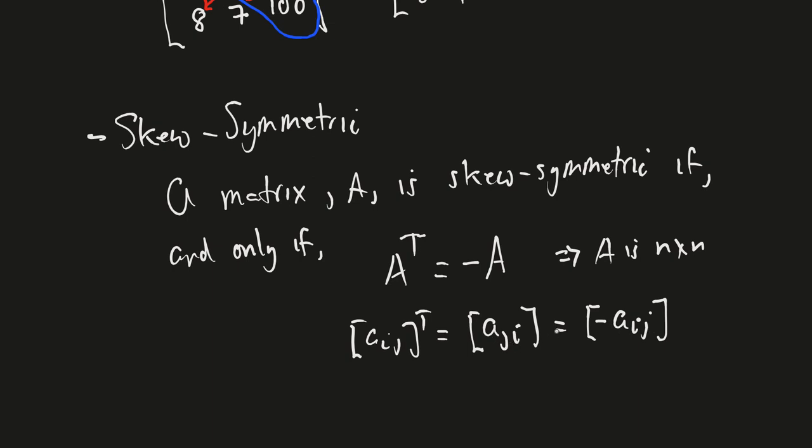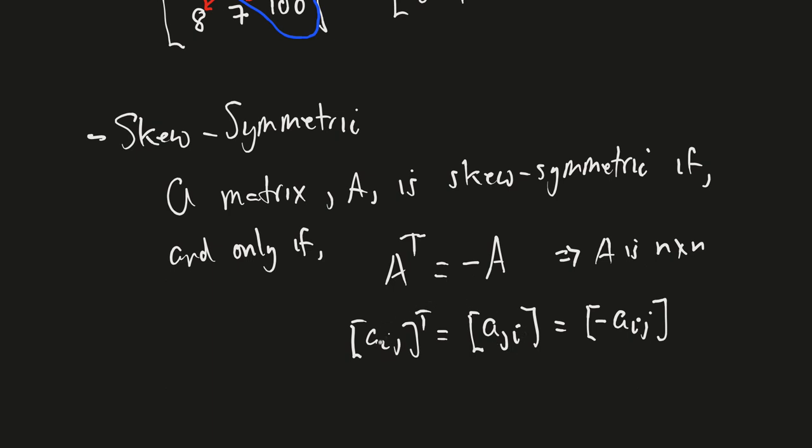So now you see what has to happen. It's not going to be the same entries in those mirrored positions. It's going to be the opposite entry. So if I put a 5 in one of those mirrored positions, I'll have to put a -5 in its mirrored opposite.